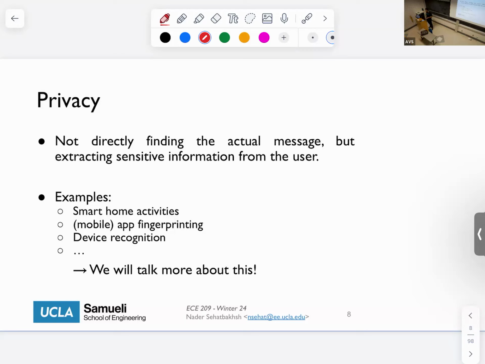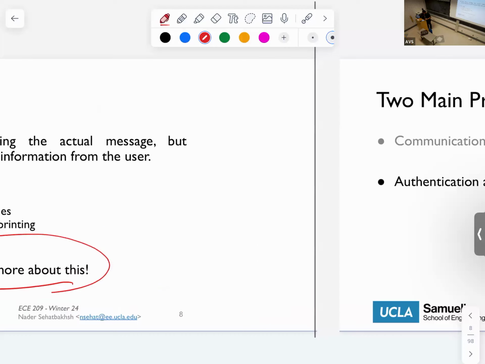So for example, things such as smart home activity, app fingerprinting, device recognition, these are examples of where privacy could be violated. And we want to talk about this next week, okay?